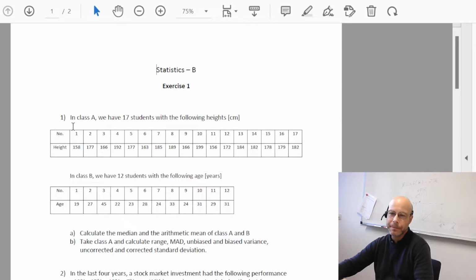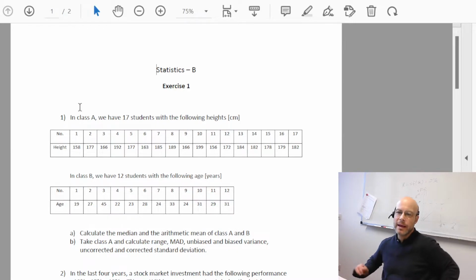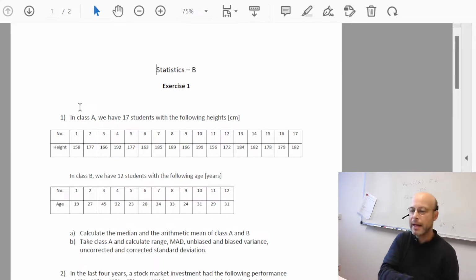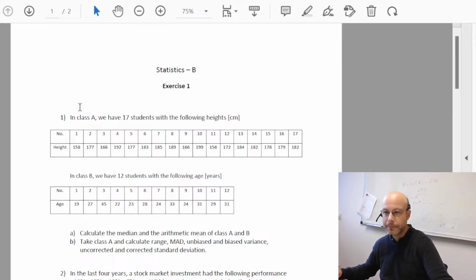So at first we have a class with 17 students. We are measuring the height of every student.